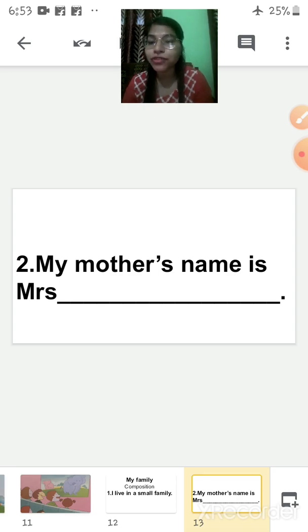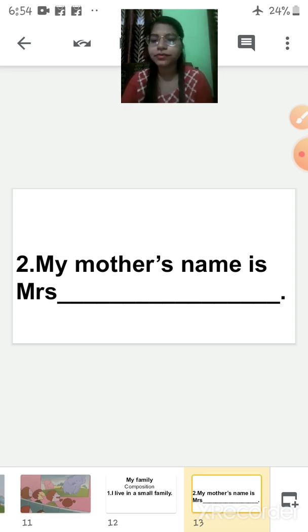So you have to write your mother's name. You all know your mother's name and your father's name, right? I'm sure you must be knowing. Children, I have told you previously also that when you write your mother's name, you write Mrs. before the name. So you will write: my mother's name is Mrs., and then you write her name.